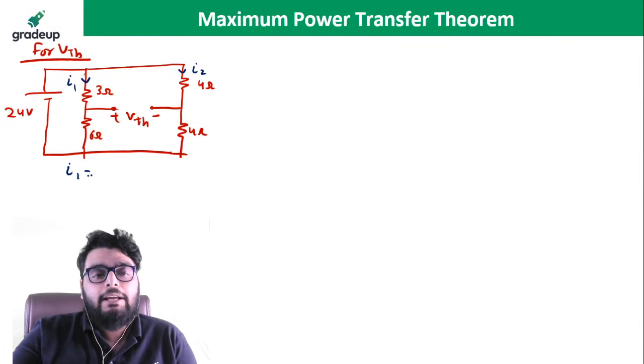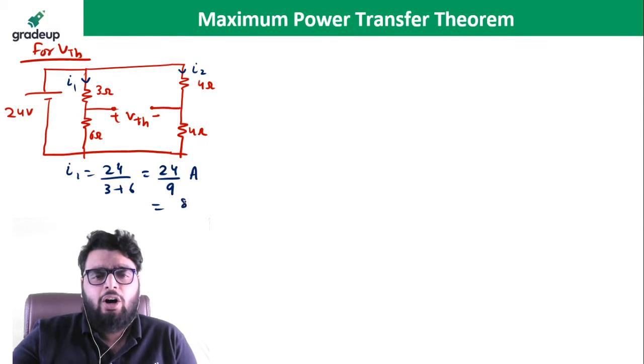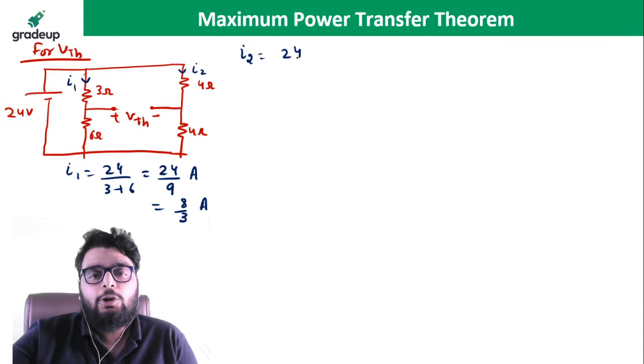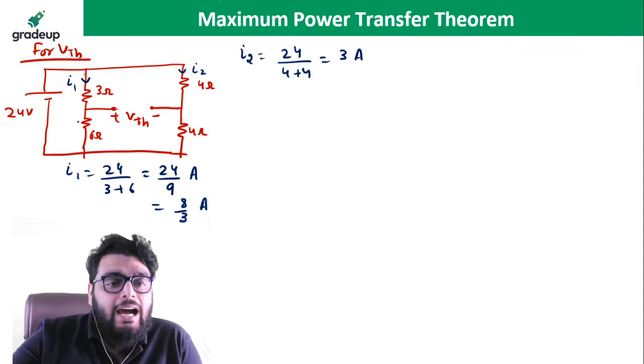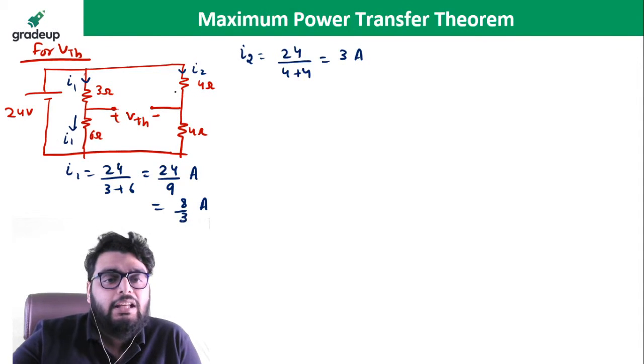So I1 will be 24 divided by 3 plus 6, comes out to be 24 divided by 9 ampere, or 8 by 3 ampere, right? What will be the I2? I2 will be 24 divided by 4 plus 4, comes out to be 3 ampere, right?